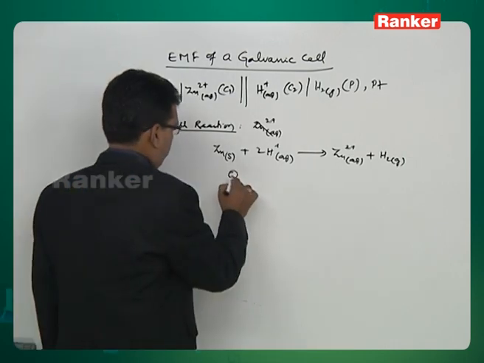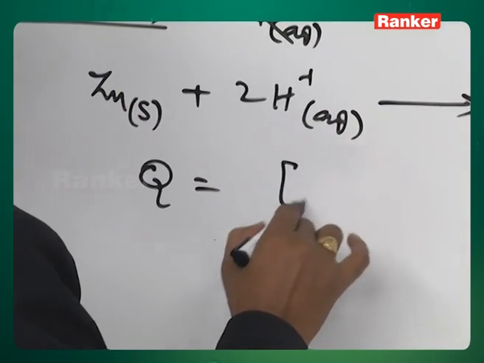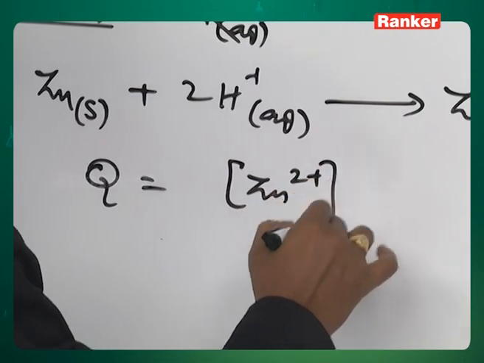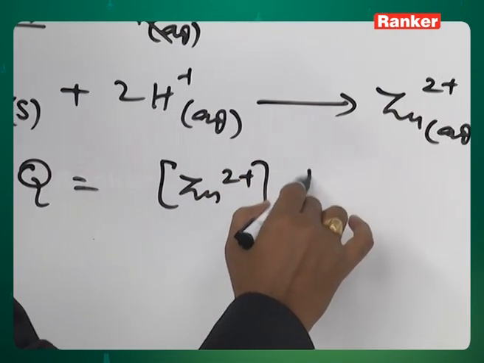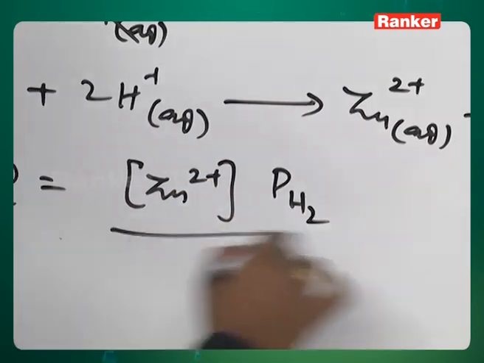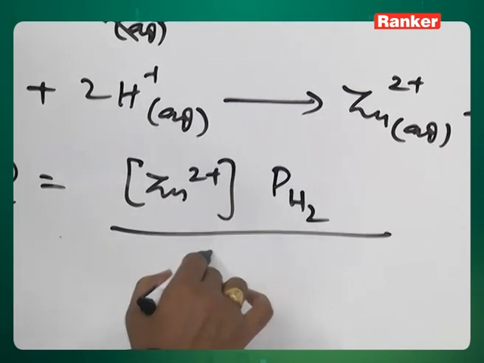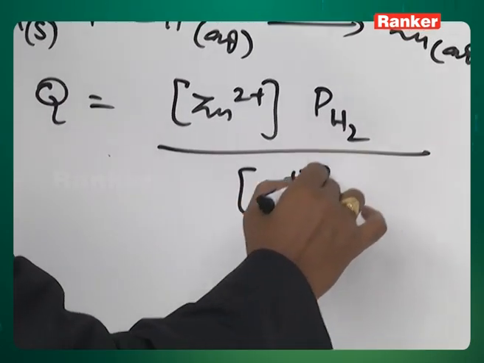So, for this Q is equal to Zn2+ into pressure of hydrogen by H+ squared.